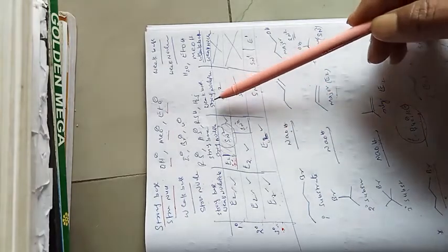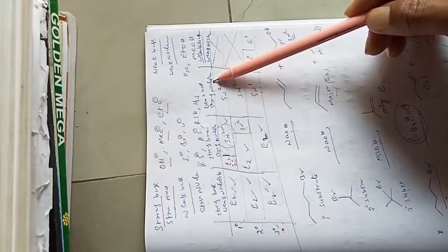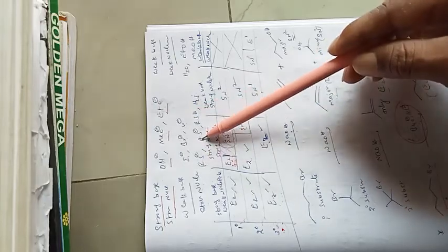In the third category, weak bases that are strong nucleophiles: I minus, Br minus, Cl minus, RS minus, HS minus.